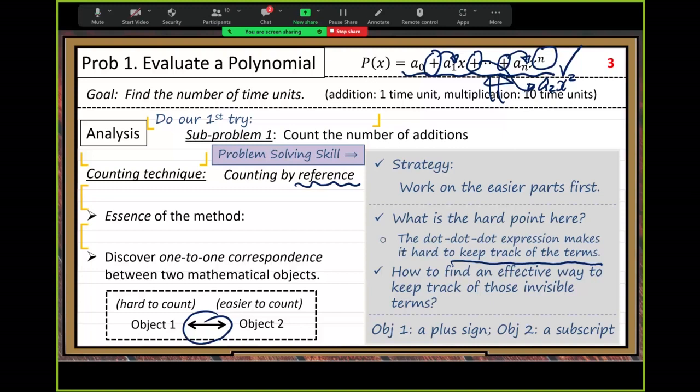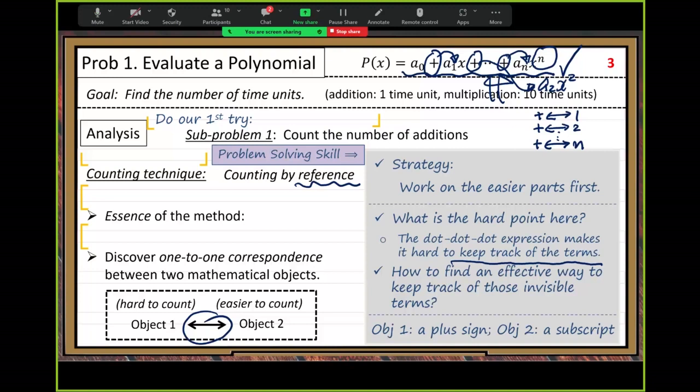So the first plus sign corresponds to the subscript 1. Second plus sign corresponds to the subscript 2, the last one corresponds to the subscript n.